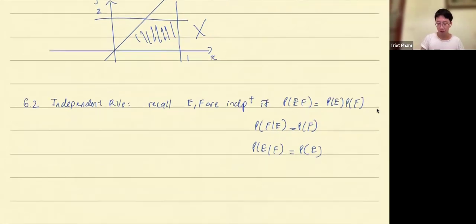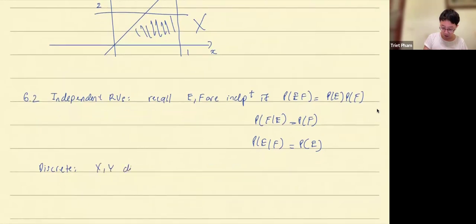So with random variables, I think it is much more easily defined using the product version rather than the conditioning version, because you have to be careful. Let's say two discrete random variables. So the discrete version is the following. Let's say X, Y are discrete. Then X and Y are independent if the probability that X equals i and Y equals j is equal to the product of the individual probabilities.